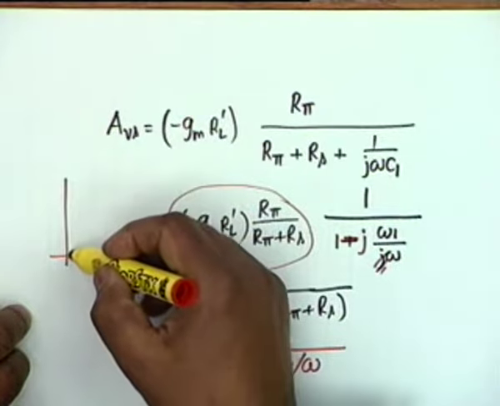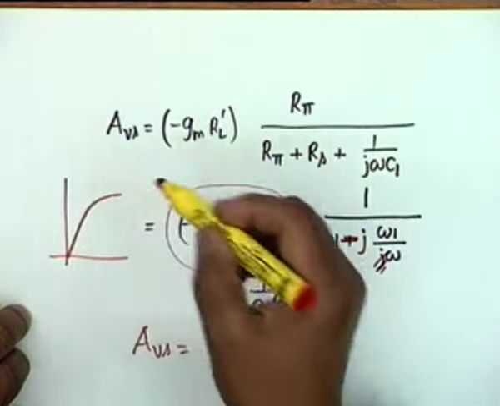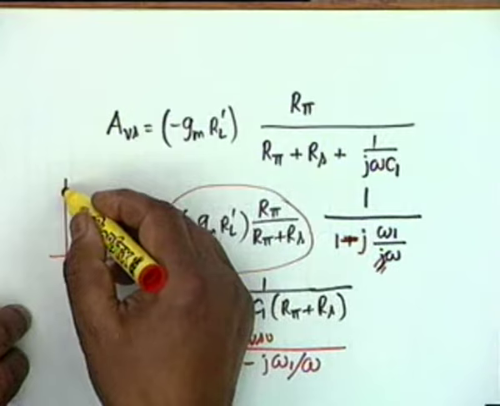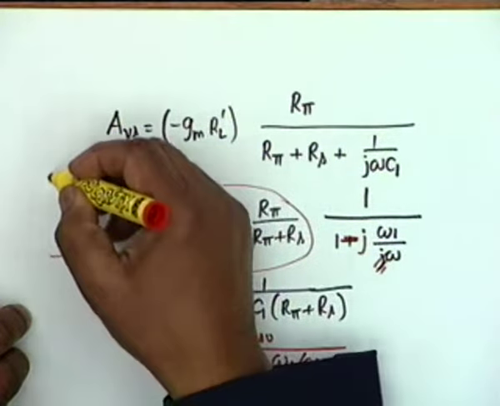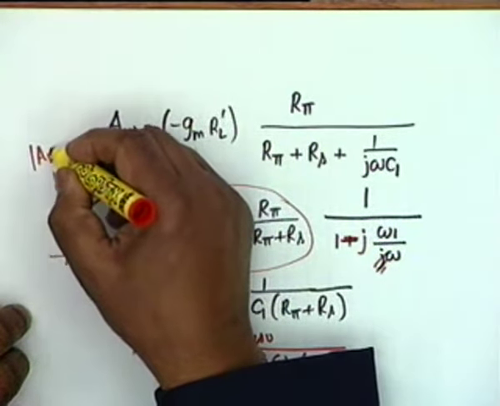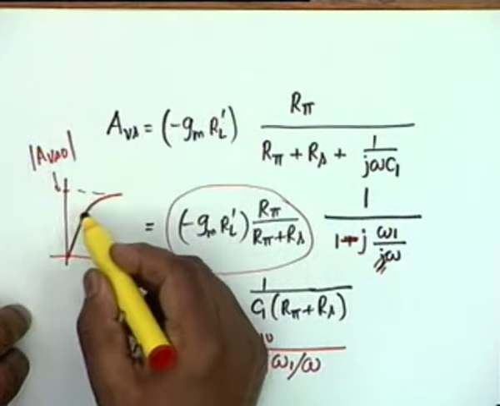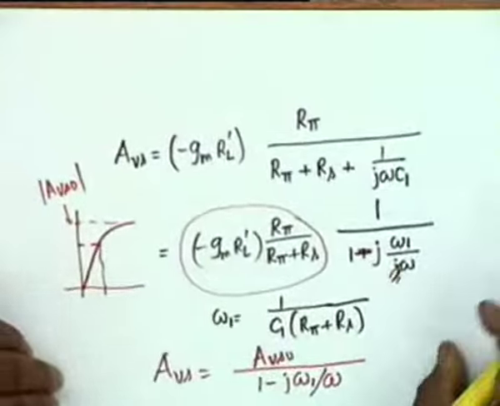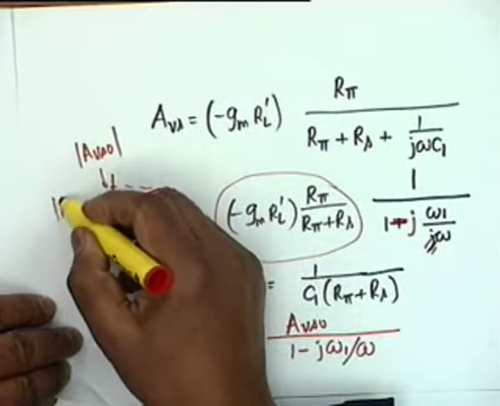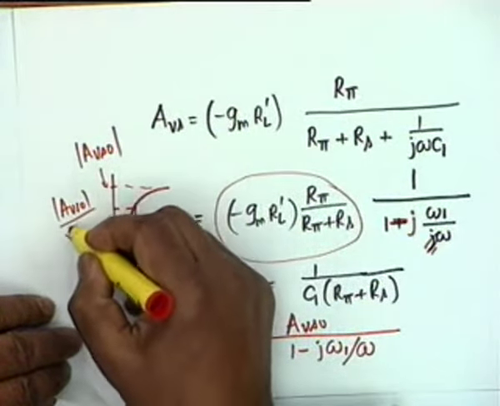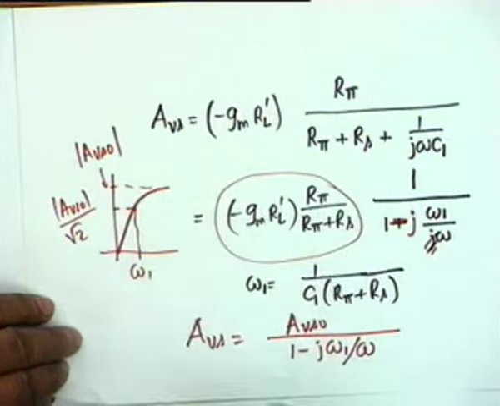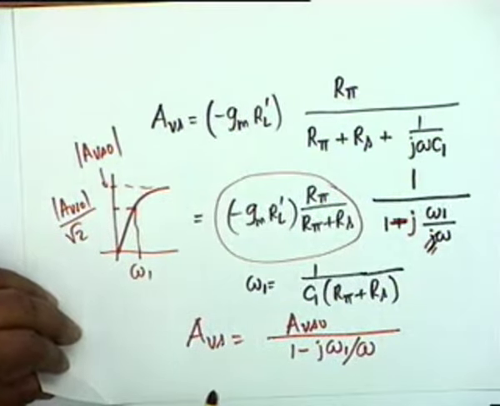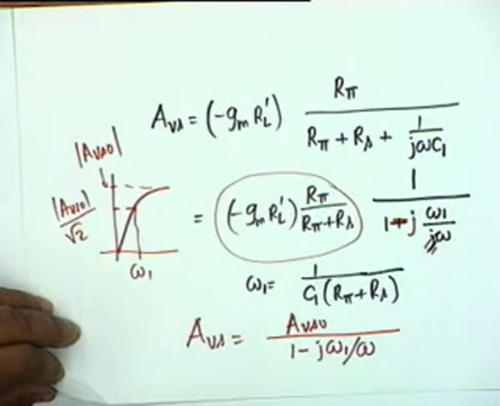That is, if I plot AVS magnitude versus omega, then at mid band it will be magnitude AVS 0, and 1 by root 2 of it will be reached at omega 1. It is a high pass effect, alright. Any question on this? This was very simple.